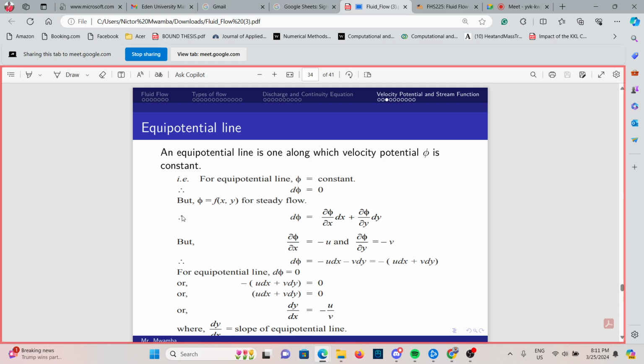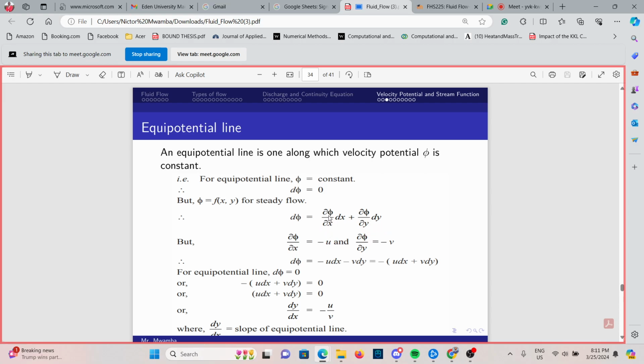But we are saying that we can write the velocity potential for a two-dimensional flow as a difference equation. This is our difference equation. This is our derivative. You are differentiating this with respect to, first of all, the x direction plus the y direction.